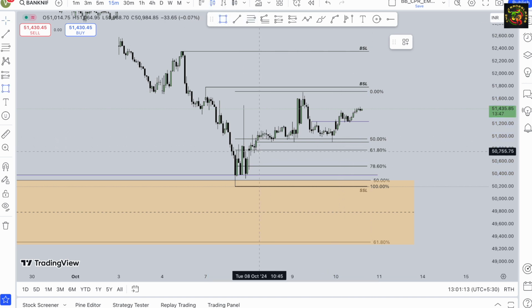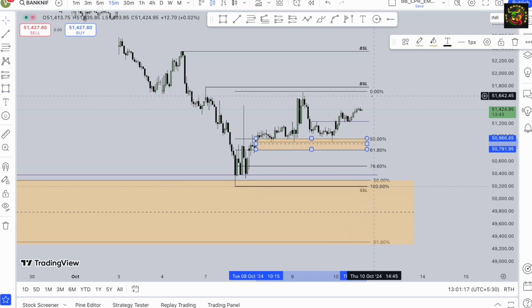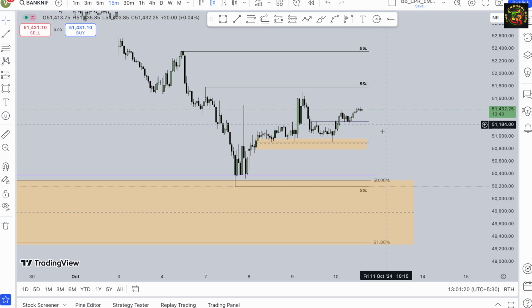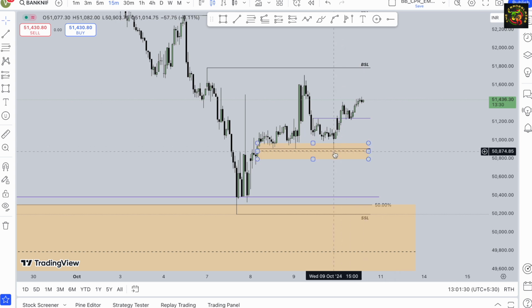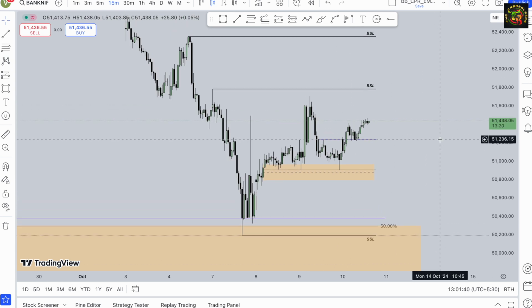This is an important area where price has taken support multiple times, and towards the end of the day as well, price tapped into this golden fib zone and then started trading above this. That was one bullish confirmation, based on which I can be bullish today as well.